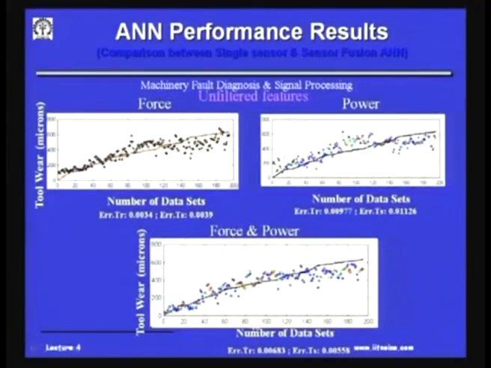With unfiltered features, sometimes the scatter is more. So while using artificial neural network for data driven fault detection techniques, it is always necessary that we do some amount of signal pre-processing before applying such models.